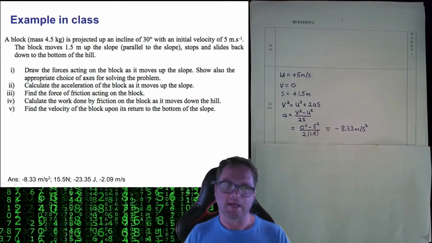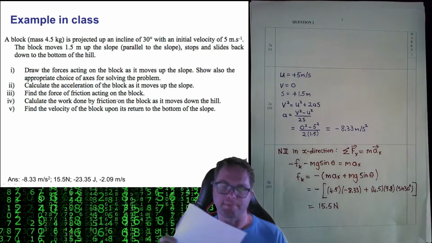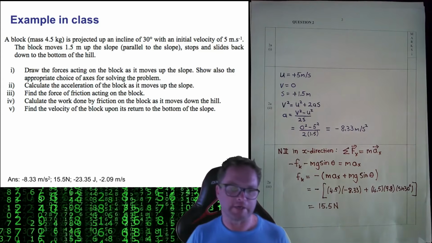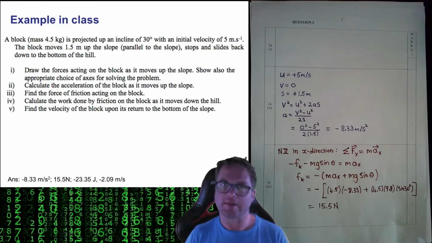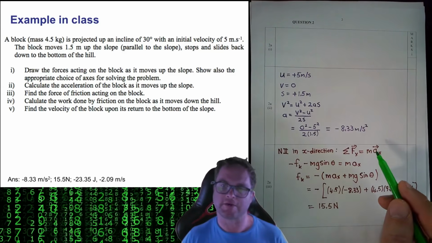The next thing we're asked is to find the force of friction acting on the block. So the way we solve this problem is we apply Newton's second law in the x direction. So working in the x direction, we have the sum of the forces is mass times acceleration.